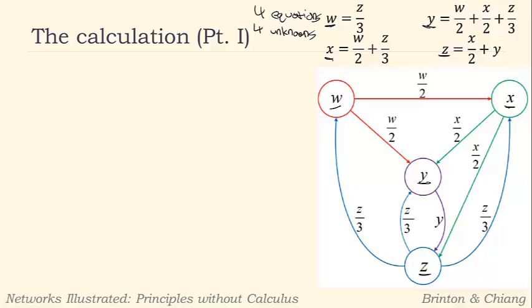You'll probably remember from an algebra class that when you have 1 equation and 1 unknown, you can solve for that unknown. For instance, if you had 2x plus 3 is equal to 5, you could say that 2x is equal to 2, and then that x is equal to 1.